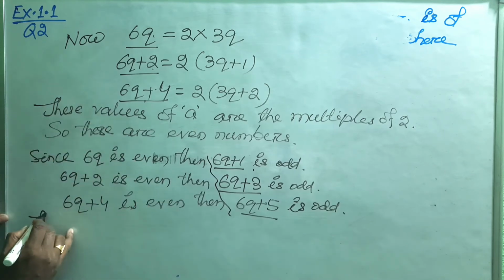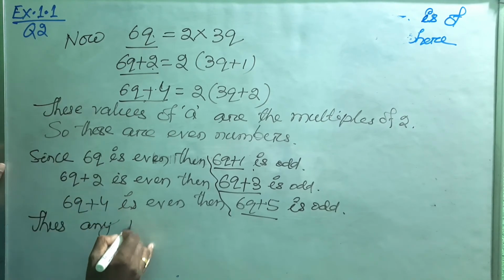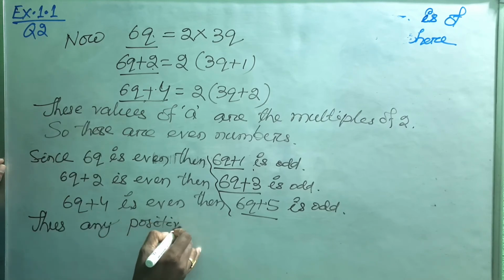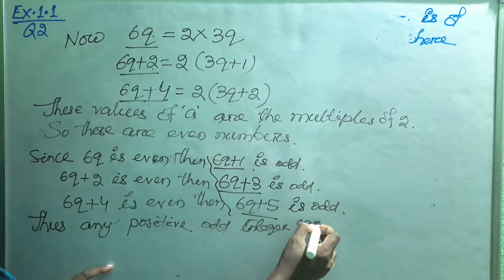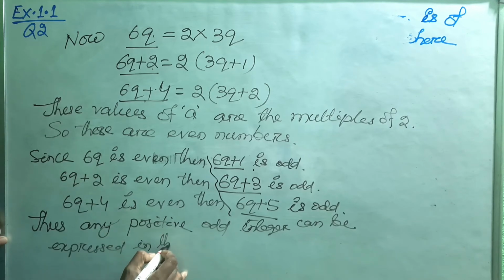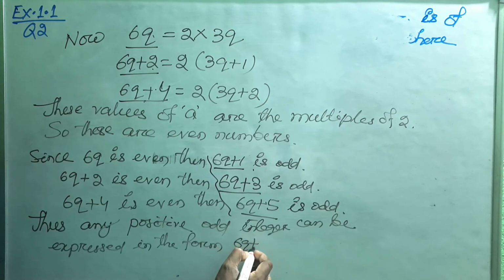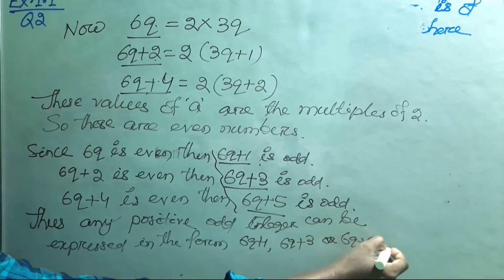So in the conclusion you write down, thus any positive odd integer can be expressed in the form 6q plus 1, 6q plus 3 or 6q plus 5.